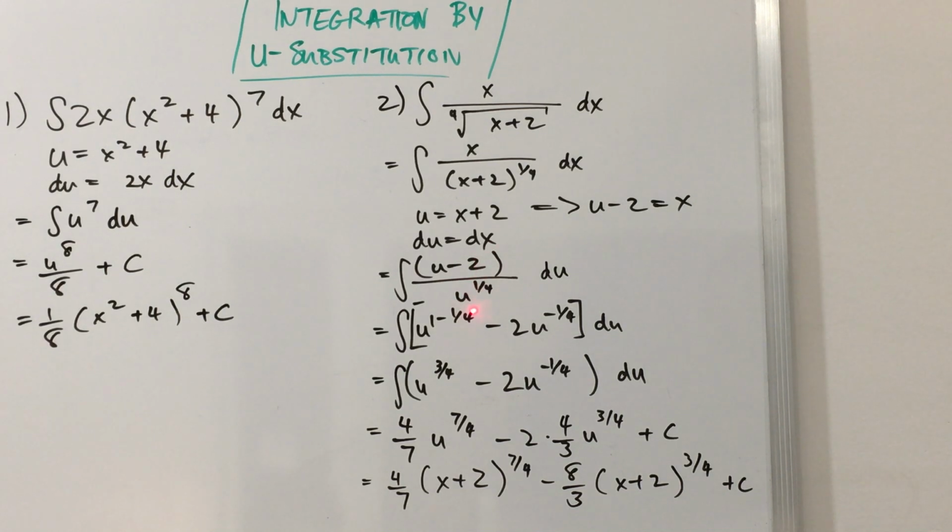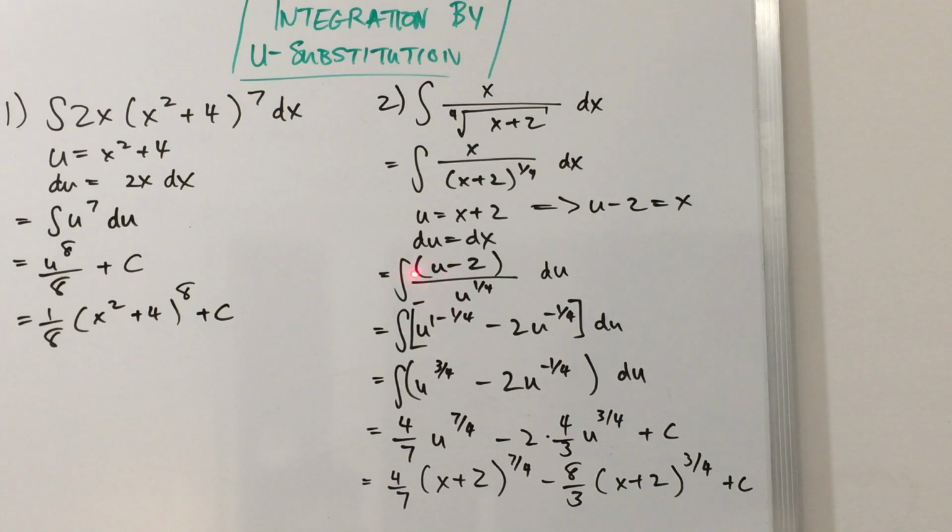Then we do the second term, which is minus 2 over u to the 1 over 4, and that becomes 2u to the minus 1 over 4, because it's at the bottom here. And du.